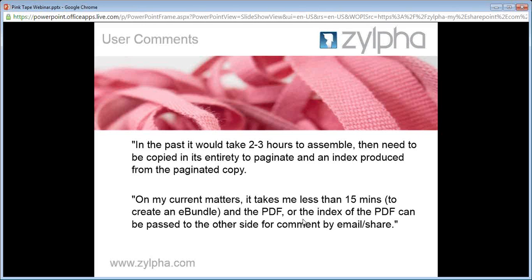Now, in this example, they've been talking about how it takes them typically 2 to 3 hours to build a bundle, whereas by using an electronic bundle, it takes them no more than 15 minutes, and they can share that electronic bundle as a PDF. They can send that to someone for comment or to be shared. I mean that's a significant time saving. Obviously, they enjoy it. They prefer it.